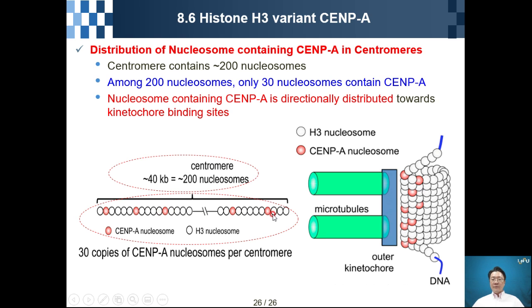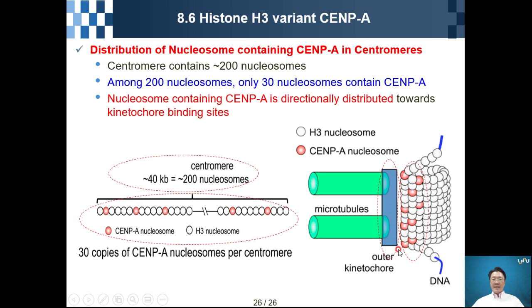However, we found that, this is the nucleosome containing CENP-A, and this is the kinetochore. The nucleosomes containing CENP-A are directionally distributed. They are not equally distributed, just directionally distributed toward the kinetochore binding site.